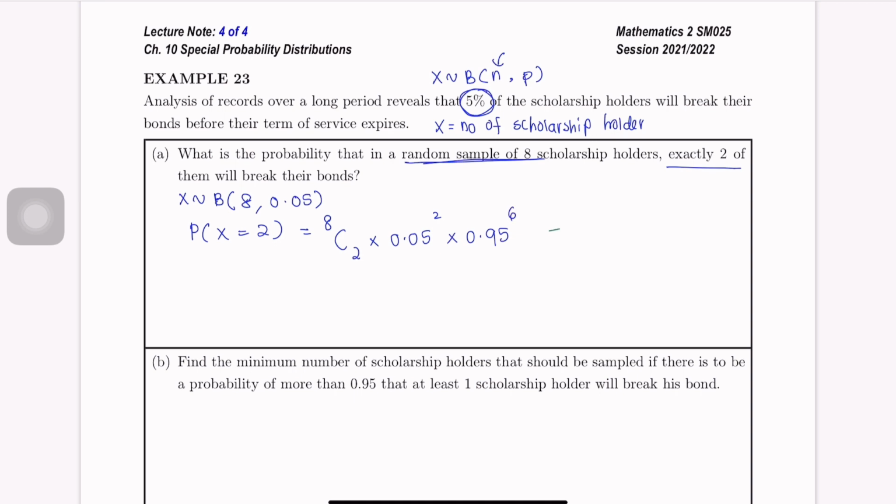Remember this formula from video 2, binomial distribution, nCx times p to the power of x times q to the power of n minus x. So just calculate this value, then we'll get 0.0515. Again, this is not normal approximation because we have n equals 8. To use normal approximation, we need to have n greater than 50.